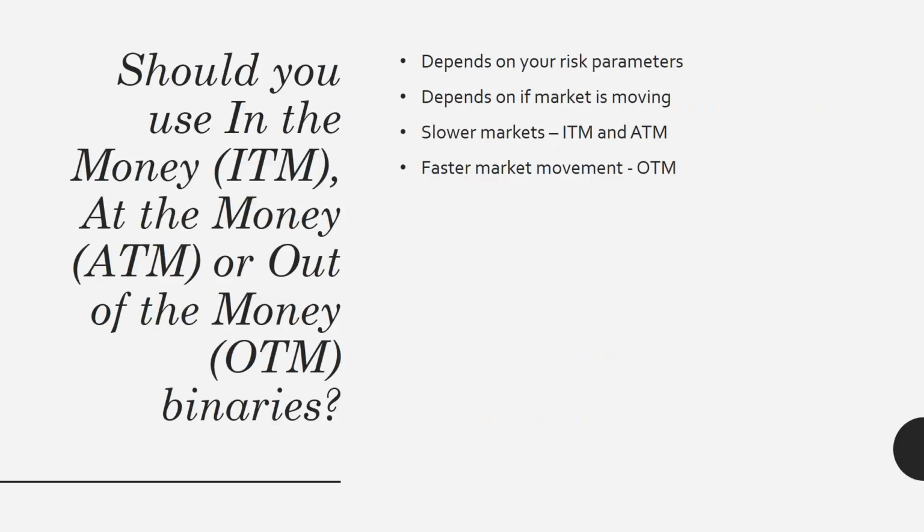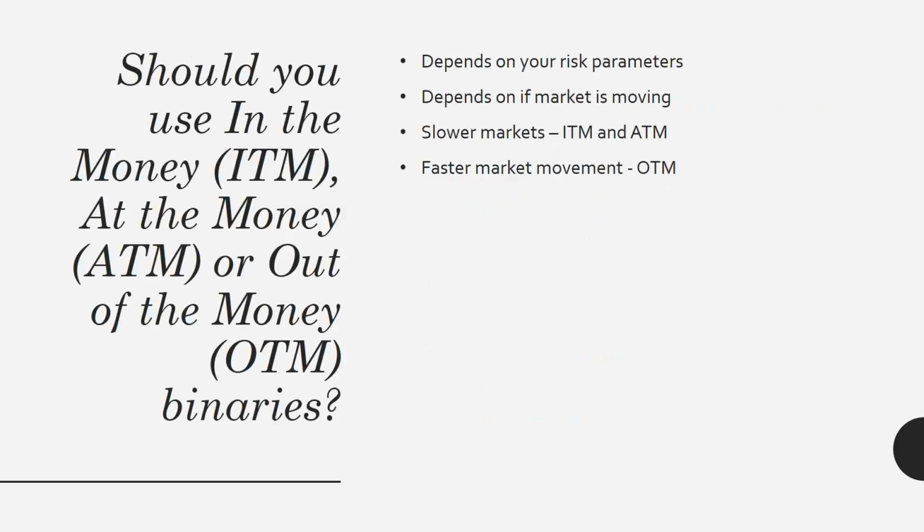Now, this is a big question. Should you use in the money, at the money, or out of the monies if you're trading binary options? Really, there's no simple answer to that. The reason is it depends on your risk parameters, number one, but it also depends on how the market is moving.